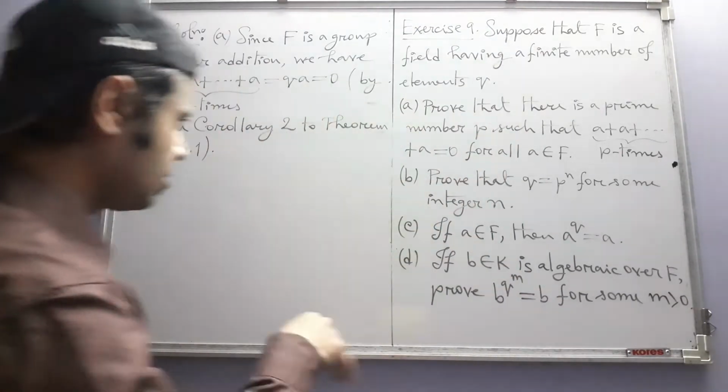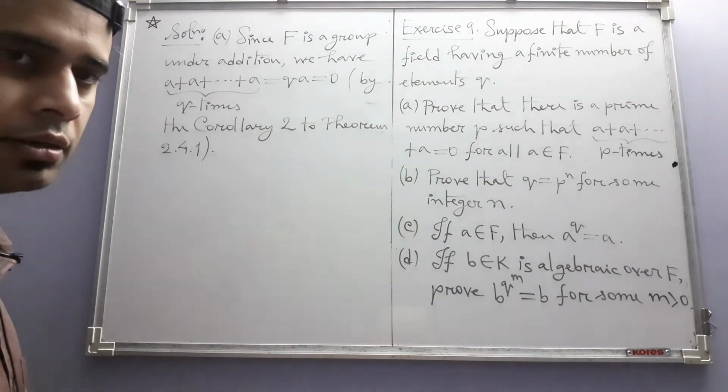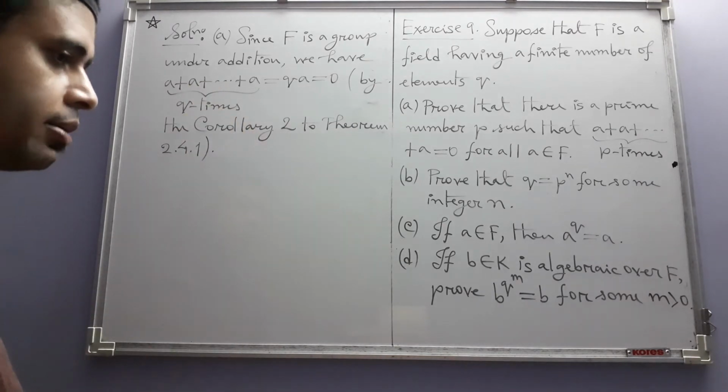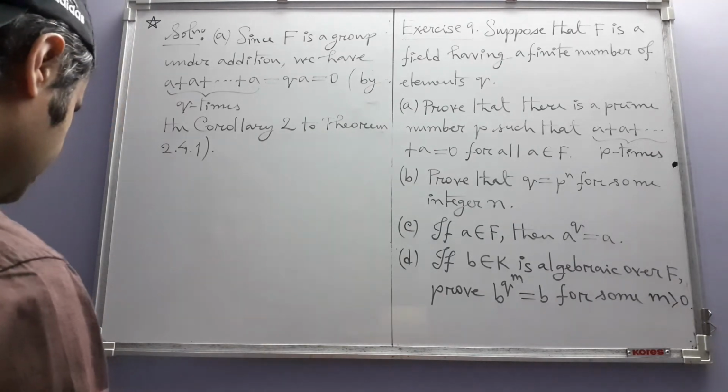But now let us again remember that we are in a field. So in a field, when this happens, the characteristic of the field is finite, or the field has finite characteristic.